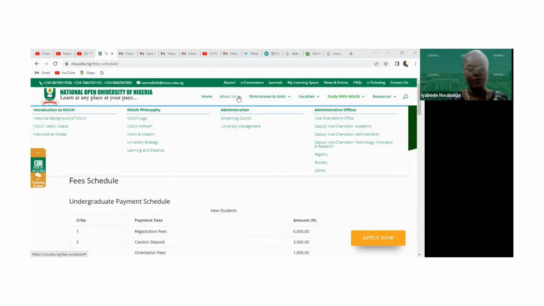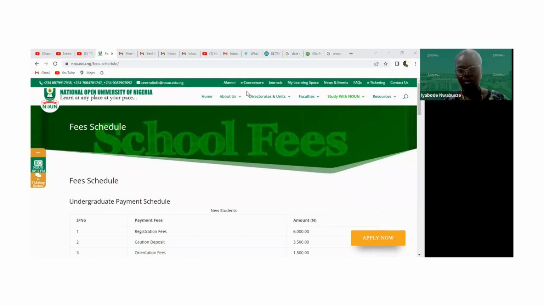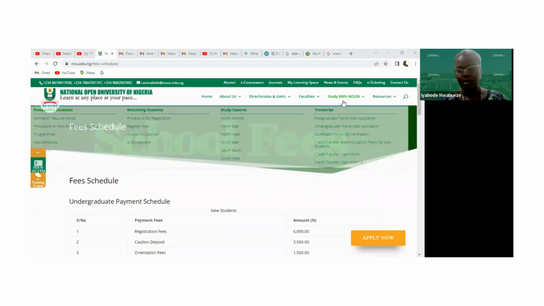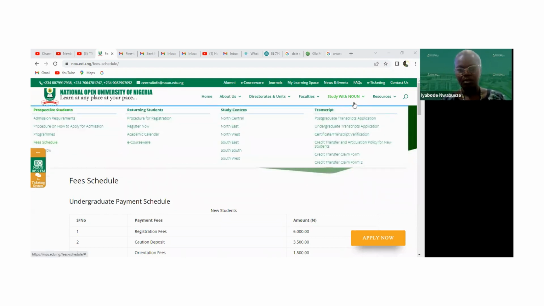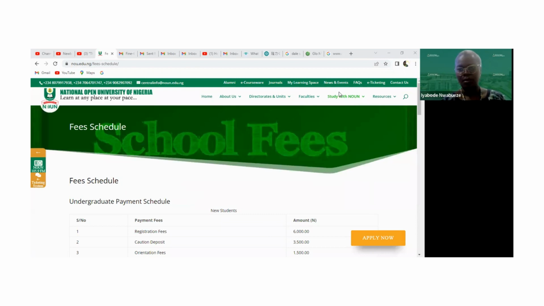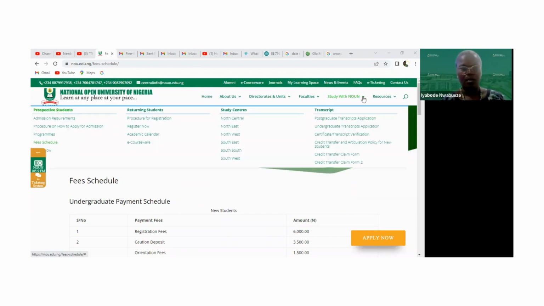I'm trying to see if I can actually get back to how I got here, but it seems I'm not getting that. Okay, maybe, yeah, this is it. This is the drop-down menu, study with NOUN. Yes, that's correct. That's how I got here.